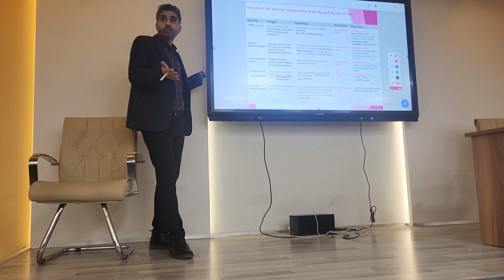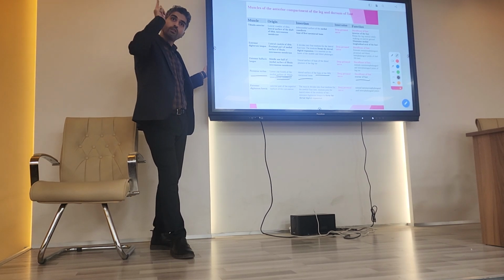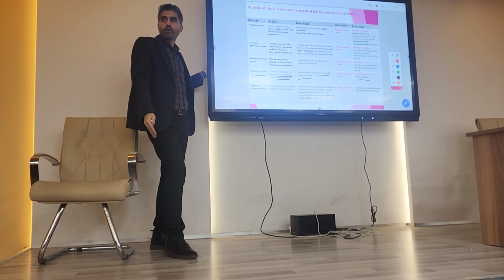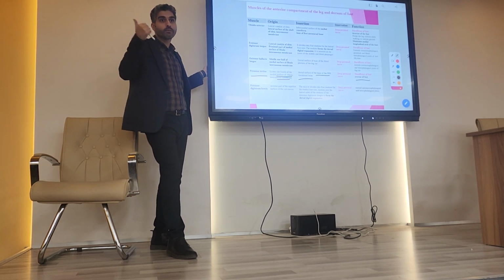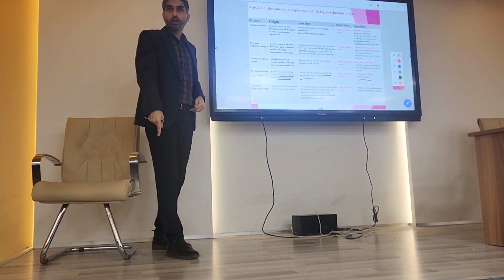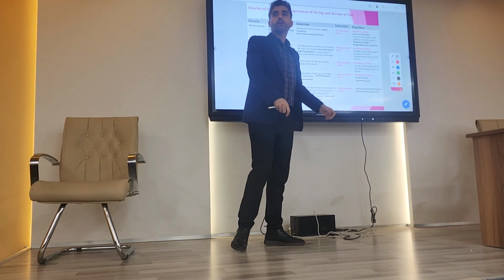Fibularis tertius, because it's in the anterior compartment, the nerve is different. Fibularis longus and brevis are in the lateral compartment and receive the superficial fibular nerve, but this one, although it's an evertor, receives the deep fibular nerve.